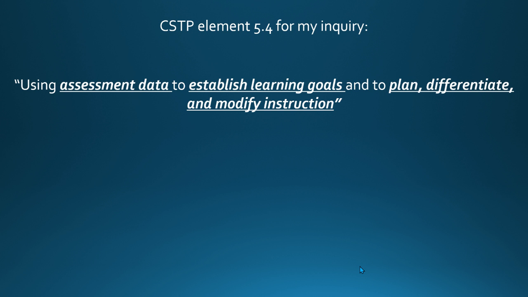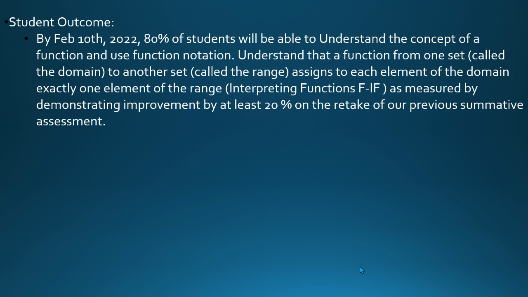Based on this CSTP element and my inquiry question, I decided to create two goals for student outcomes and my own teacher outcomes. My student outcome was that by a certain date, February 10th, 80% of my students will be able to understand the concept of a function and use function notation.